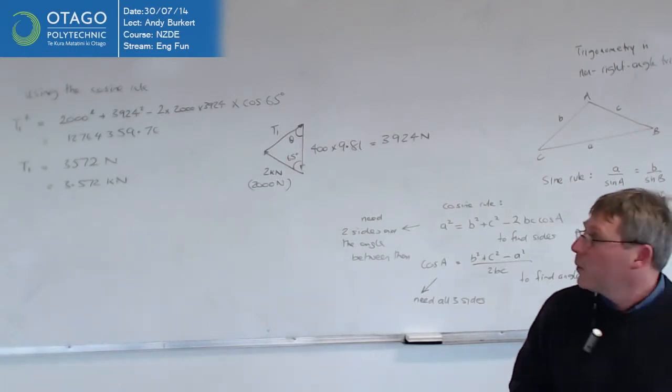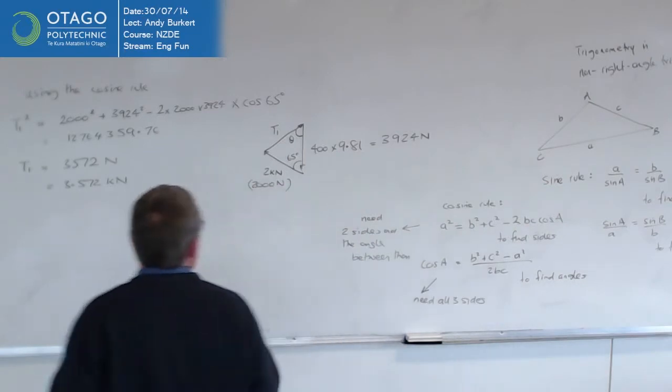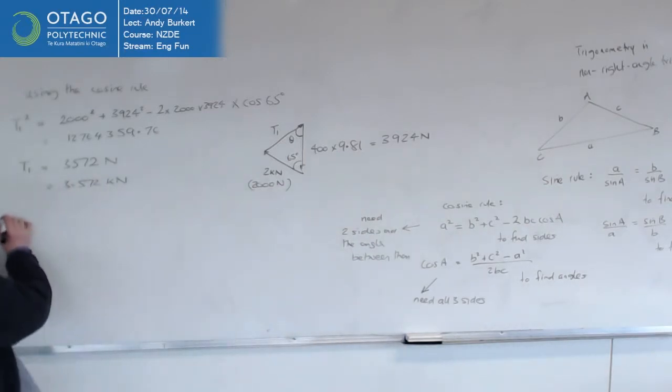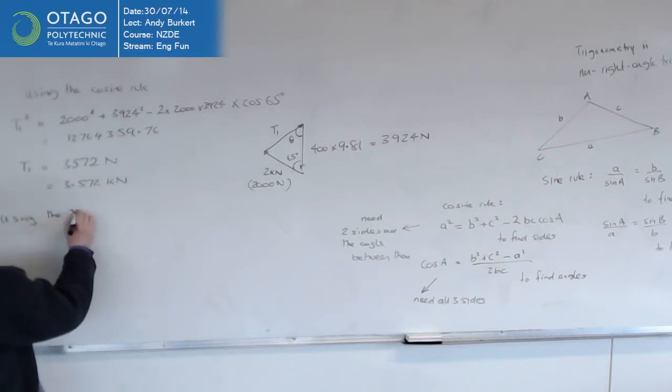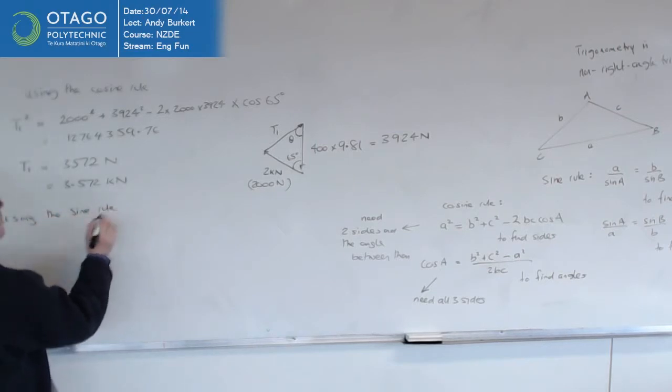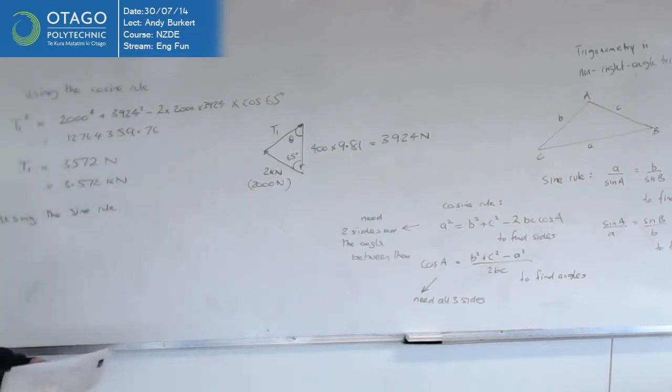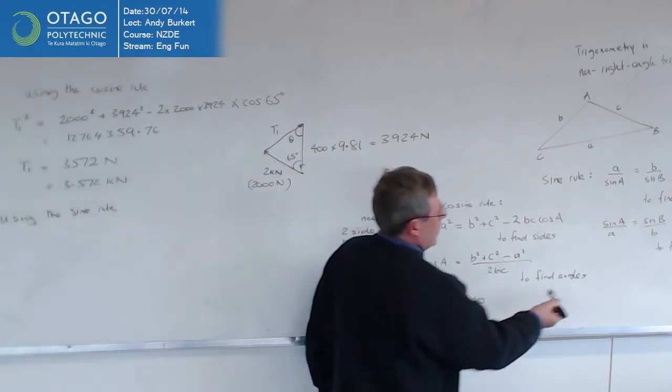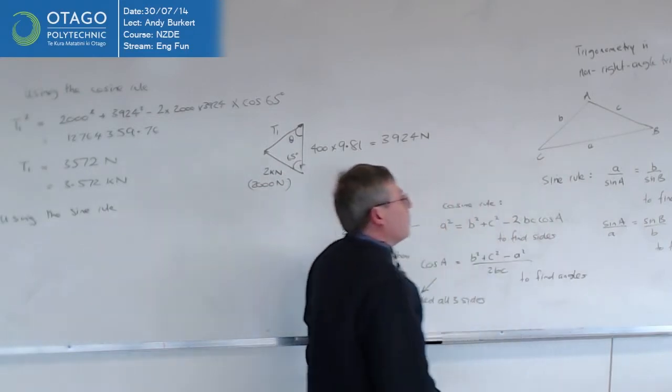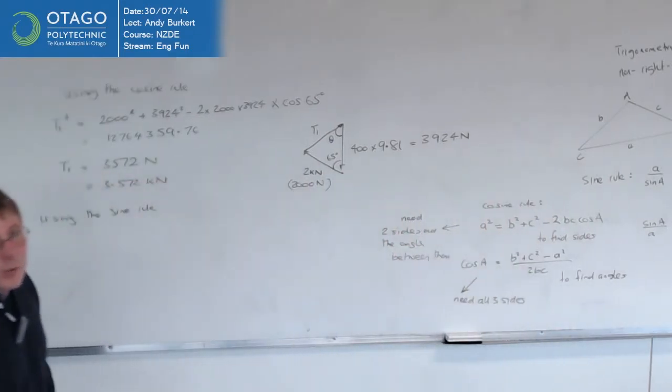So we can use the sine rule now. So if we're going to use the sine rule to find an angle, we're going to use it that way up. So always start with what you're trying to find.